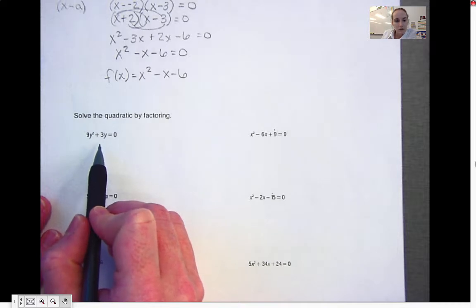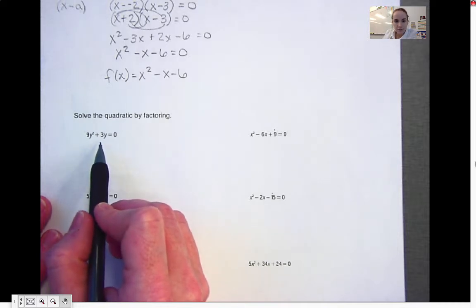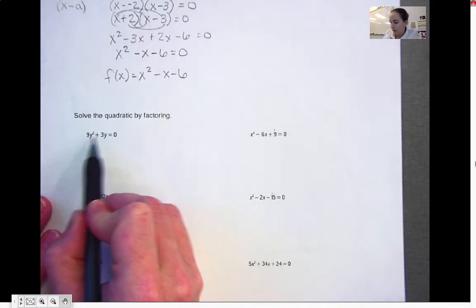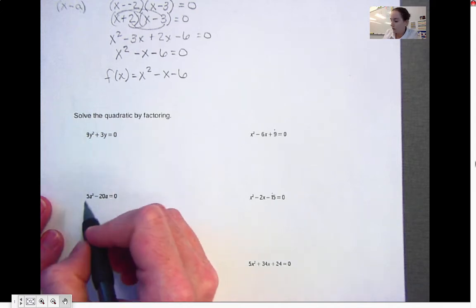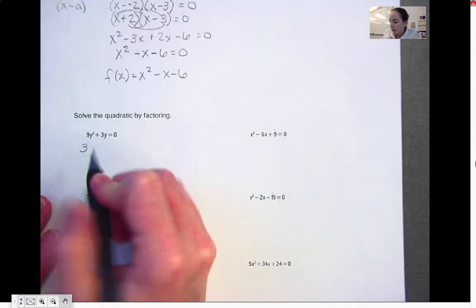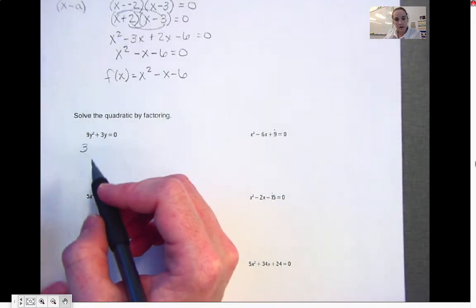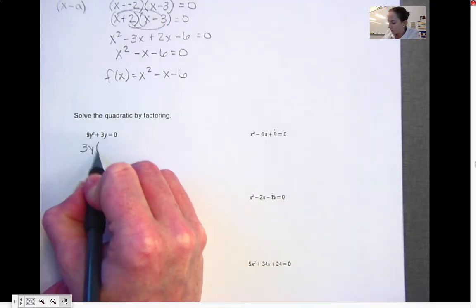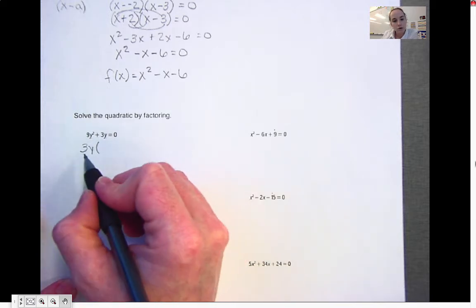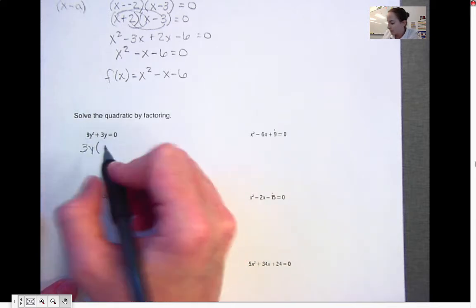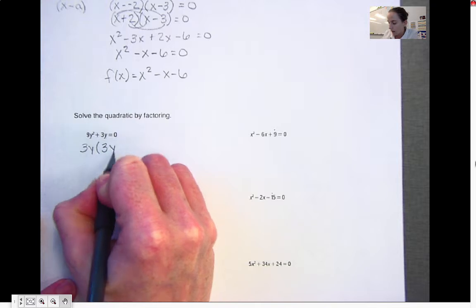I can factor this by taking out a GCF. Both of these values have a 3 in common, so I can take out a 3, and both of these have at least one y, so I can take out a y. If I were to multiply it back in, what's left is a 3 and a y here.